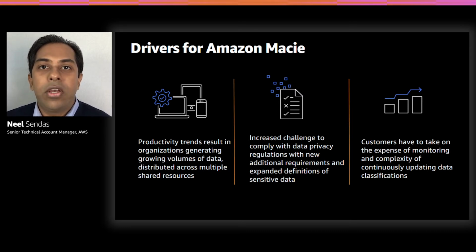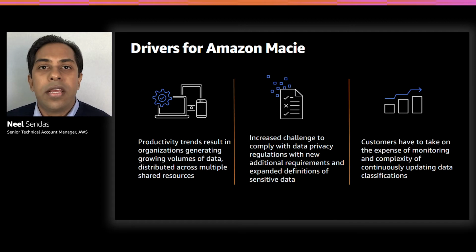Secondly, with the growing regulatory concerns and compliance requirements around the globe and some of the changing requirements such as GDPR and CCPA, which is the California Consumer Privacy Act, the challenges have increased and the definition of what is considered sensitive data has expanded.